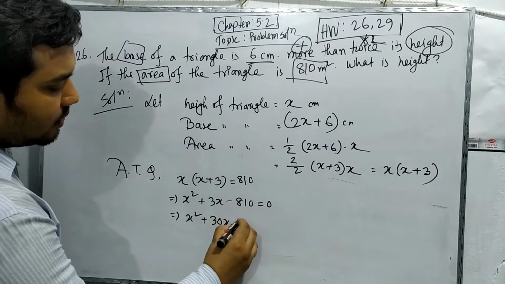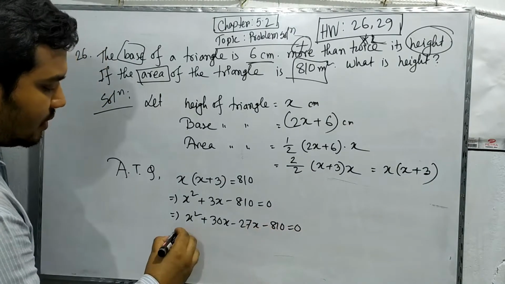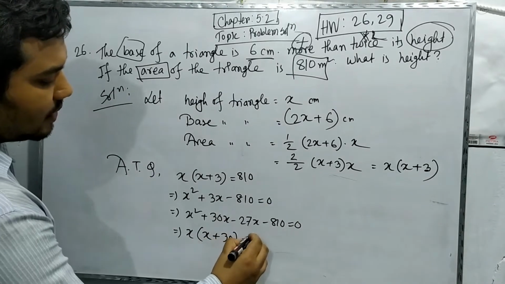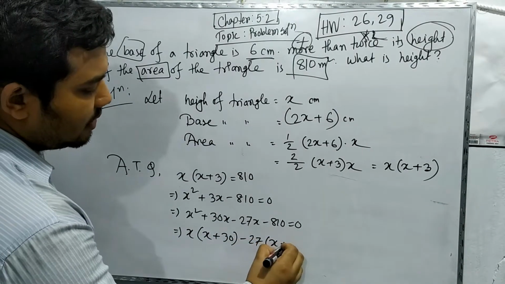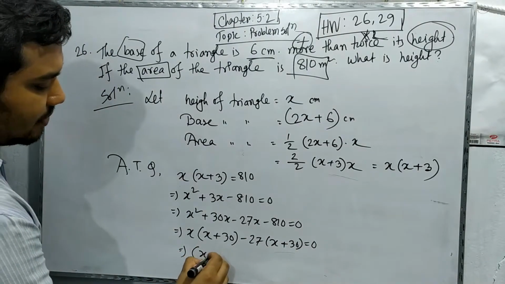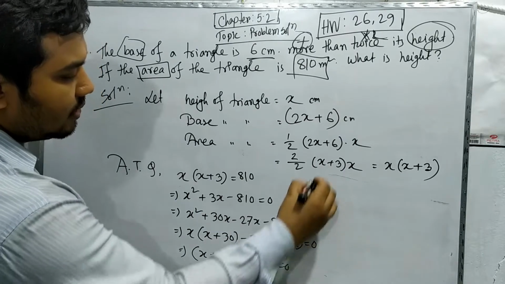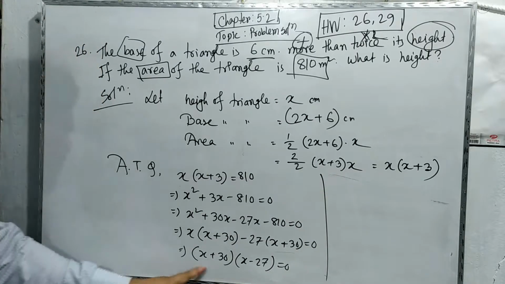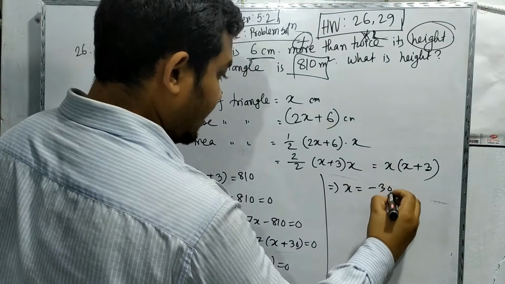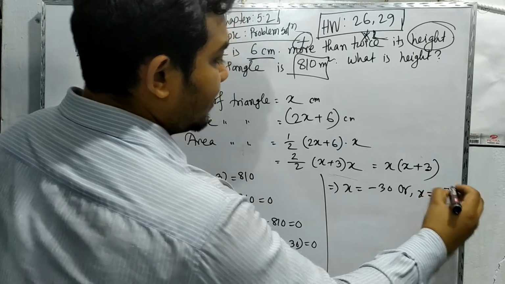So (x plus 30)(x minus 27) equals 0. So from here we can write x equals minus 30 or x equals 27.